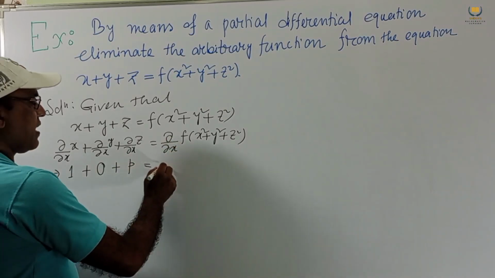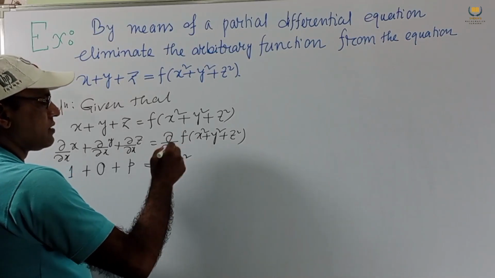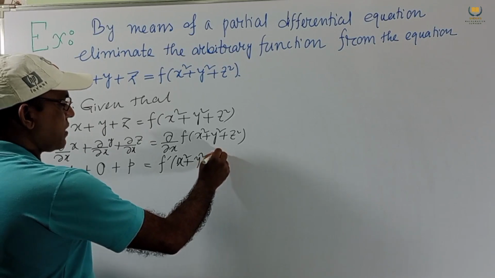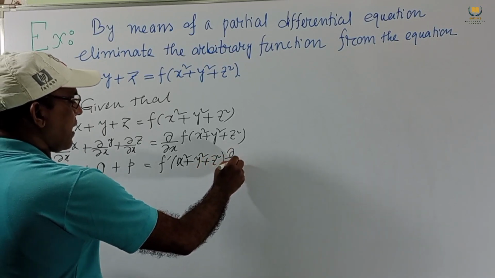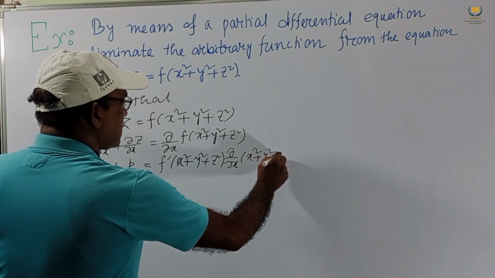Writing directly without showing the partial chain rule, we get f dash of x square plus y square plus z square times del x of x square plus y square plus z square.